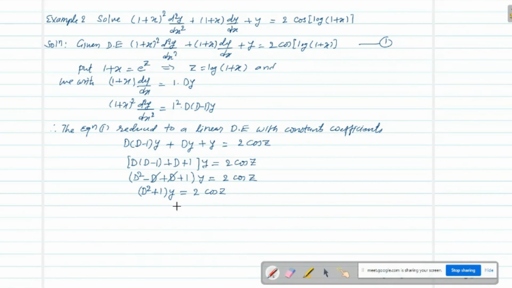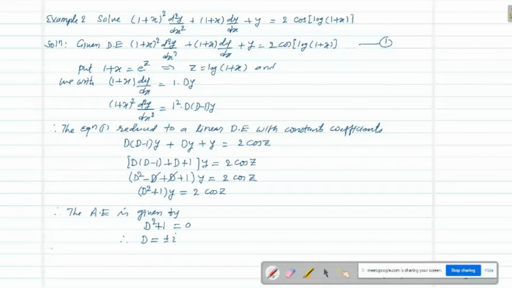Now write down the auxiliary equation. The auxiliary equation is d square plus 1 equal to 0. This implies d equals plus minus i. So these are complex roots.